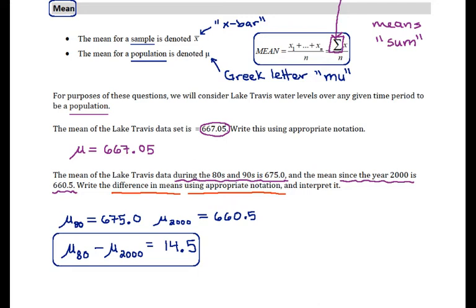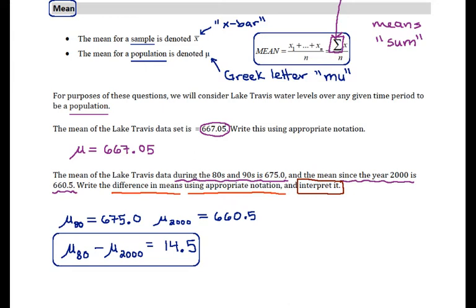For interpreting it, we want to describe what that number means. This is a difference in means. It's a difference in mean lake levels for Lake Travis in particular. It's measured in feet, and I know that the difference is taken over these two time periods. So I want all of those little pieces of information to come across in my interpretation.